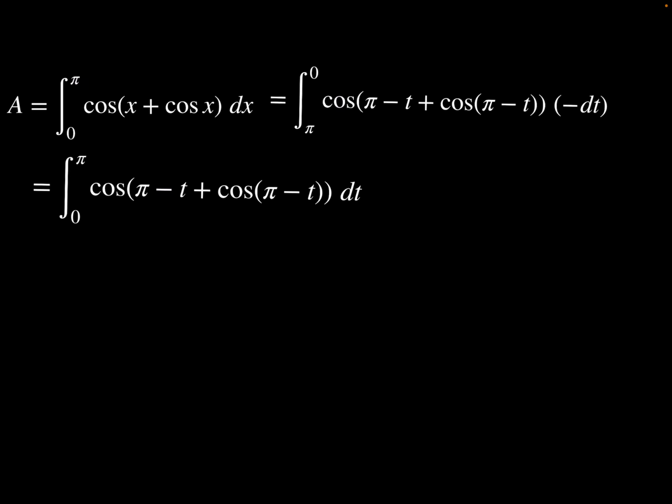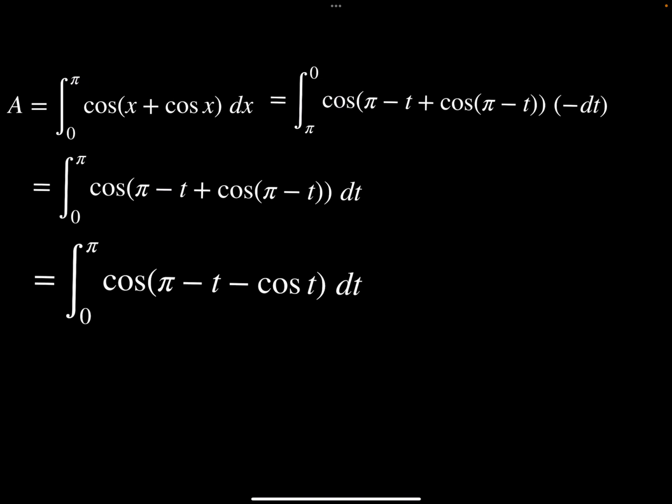Okay, now we're going to use property P1. So cosine of pi minus t is equal to negative cosine of t. So we just replace it. And then let's rewrite the inside a little bit differently. We're going to factor negative 1.